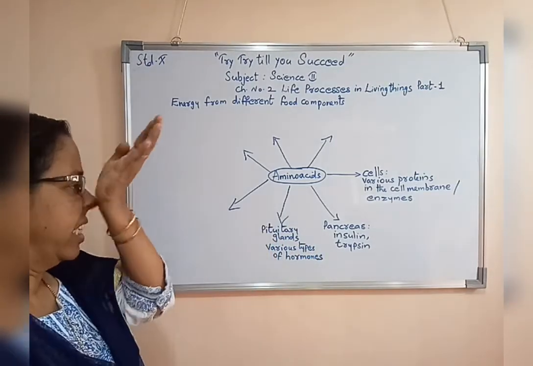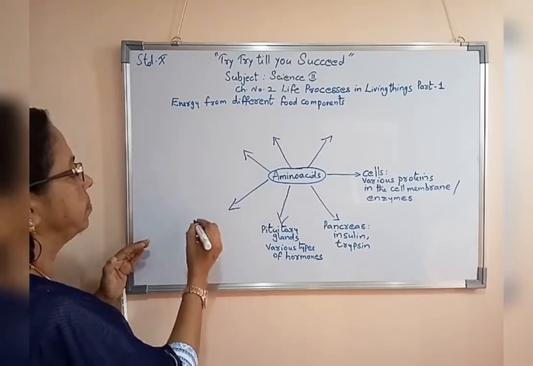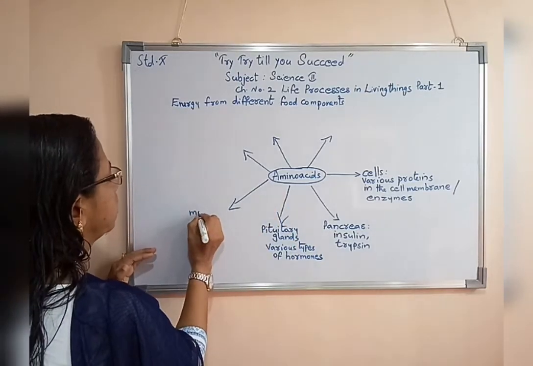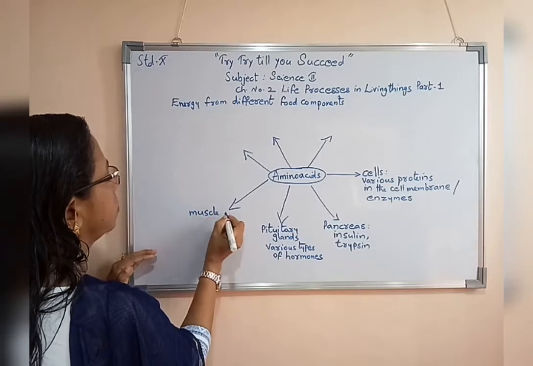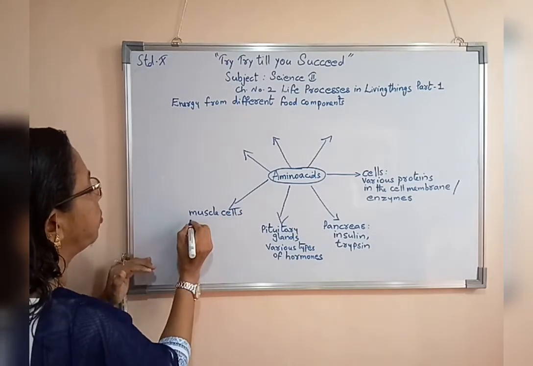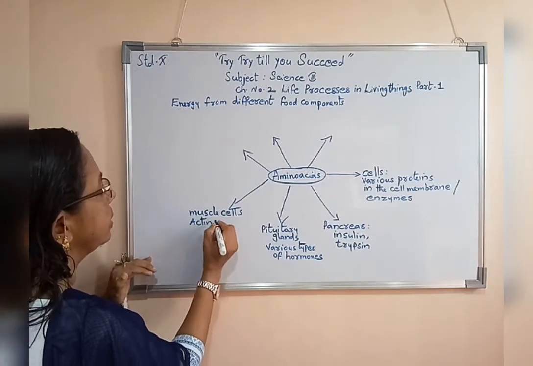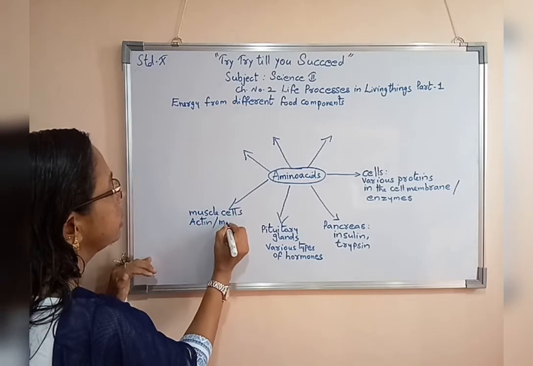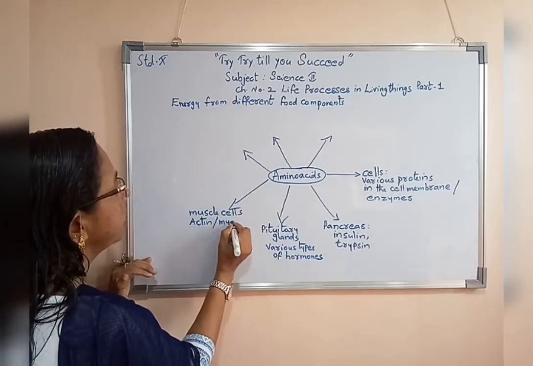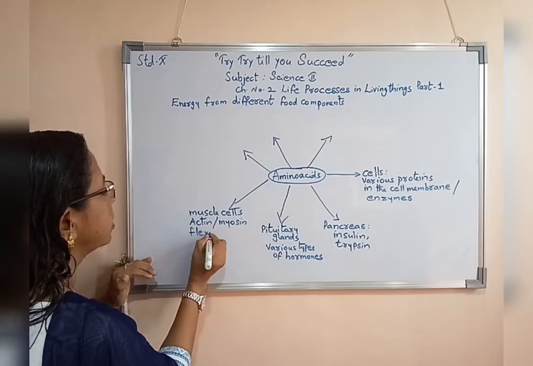After that, it reaches different muscle cells. There it produces actin as well as myosin, flexible proteins.